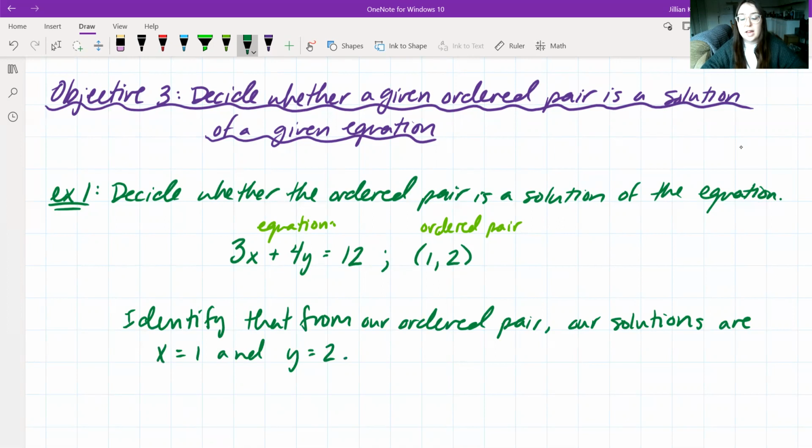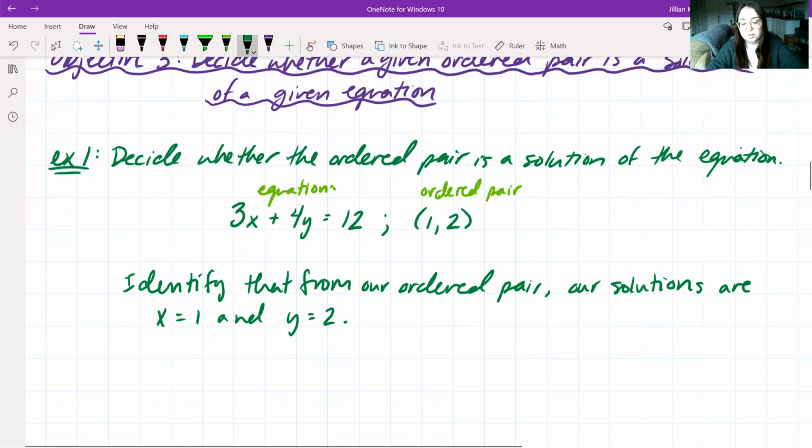Because 1 is the first number stated in our ordered pair, x is equal to 1, and 2 is our second number, so y is equal to 2. Now we just want to check and make sure that this is correct and that this is a solution. We're deciding whether it is a solution or not.